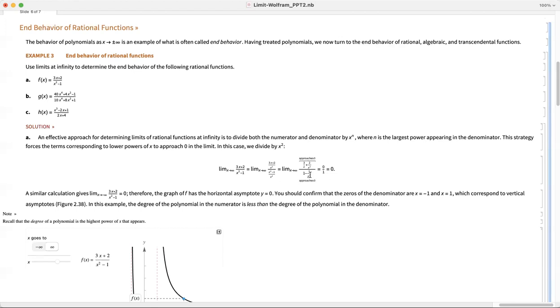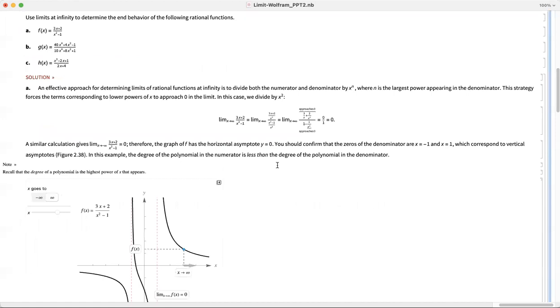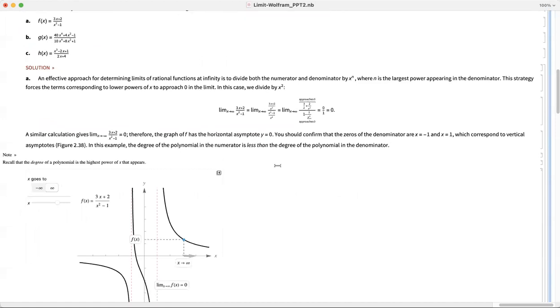I'm sure that you know about this. So y equals 0 is the horizontal asymptote, right? And next, the limit of f of x as x approaches negative infinity, we still get the same result, 0.